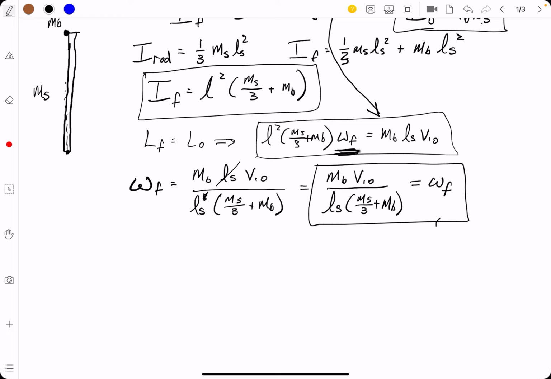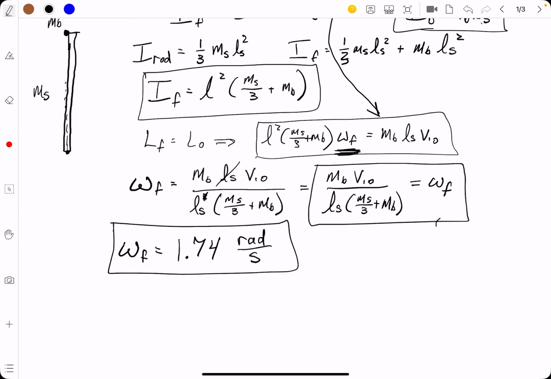At least it worked out twice, I think. On my notes, this algebra was the same, so good. I'm not going to plug in all that stuff and do the units. You guys can worry about the units if you really want to make sure they work out. They do. And we end up with 1.74 radians per second.